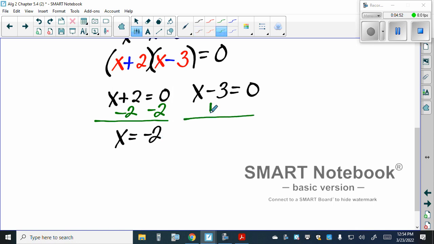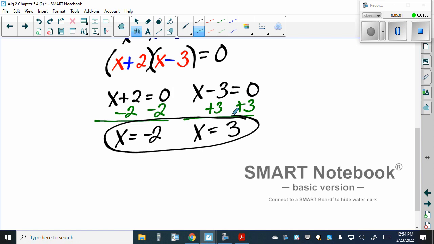And here we would add 3 to both sides, telling us x is equal to 3. So that would give us our two solutions. Now we do need to check to make sure that they work in the original equation. Any questions on this here before we check?